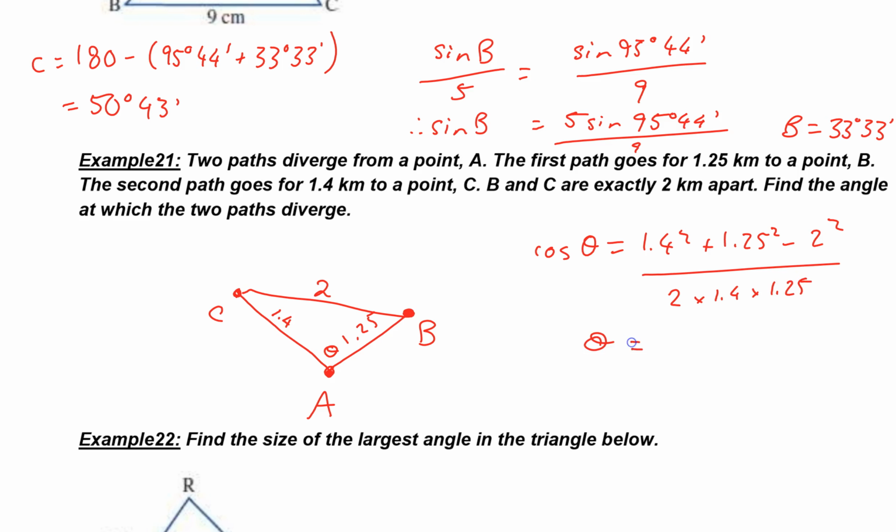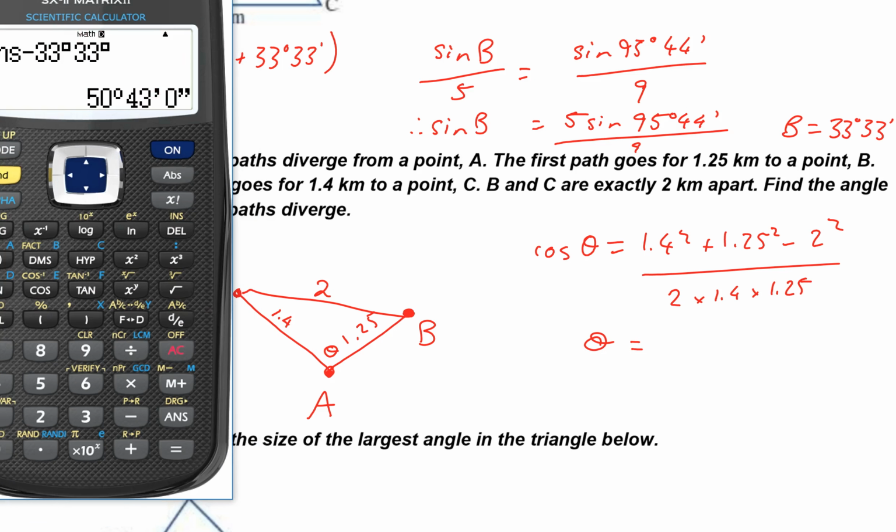That means theta is the inverse cos of that. On the calculator: 1.4 squared plus 1.25 squared minus 2 squared, divided by 2, divided by 1.4, divided by 1.25. We get this. Now the second function cos is equal to 97 degrees 50 minutes.